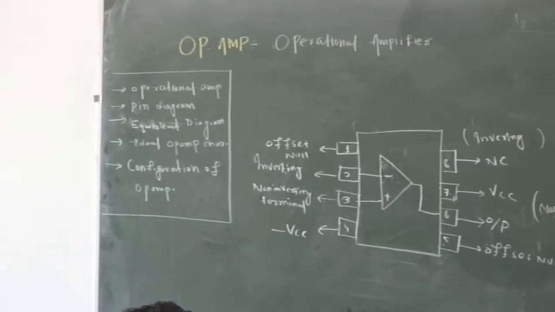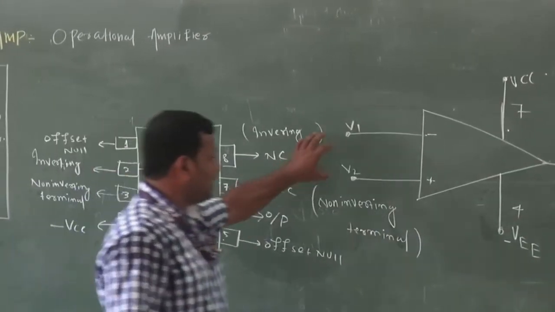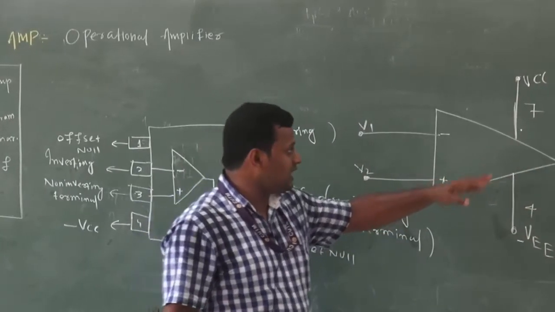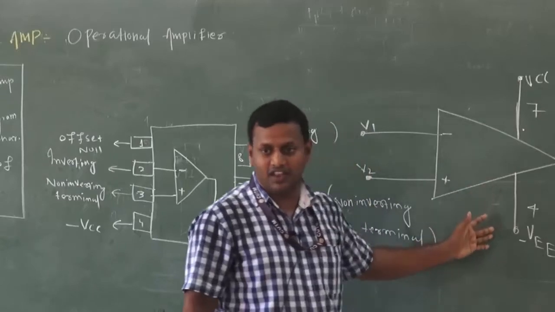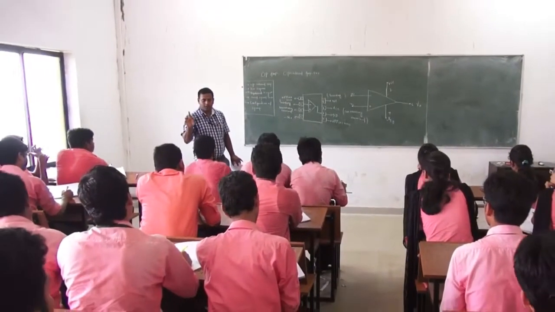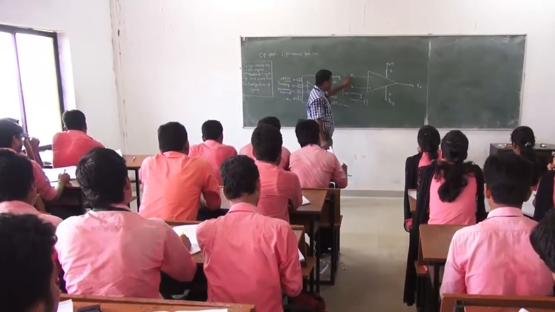Finally I can say an op-amp is a device which takes 2 inputs and gives 1 output. To make the circuit stabilized, I need a VCC and another VEE. 2 power supplies I need. After all, the op-amp is an amplifier. Now I am coming to V1 and V2.